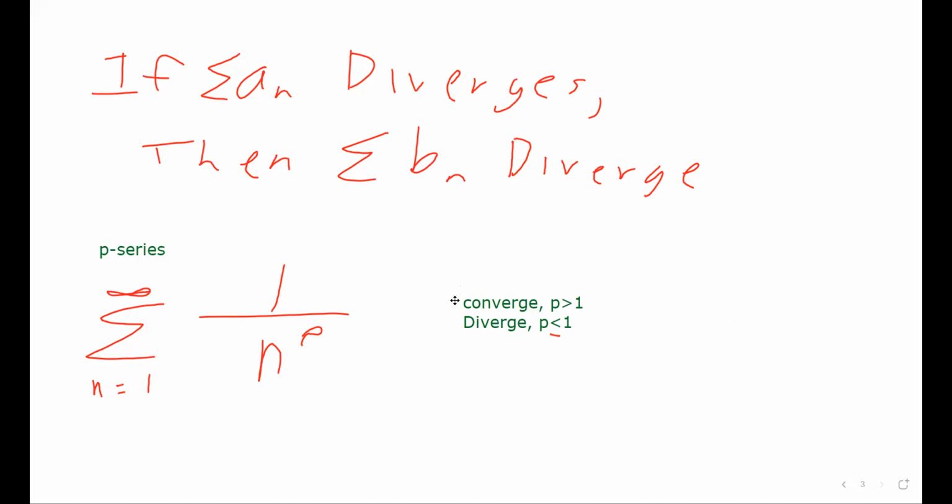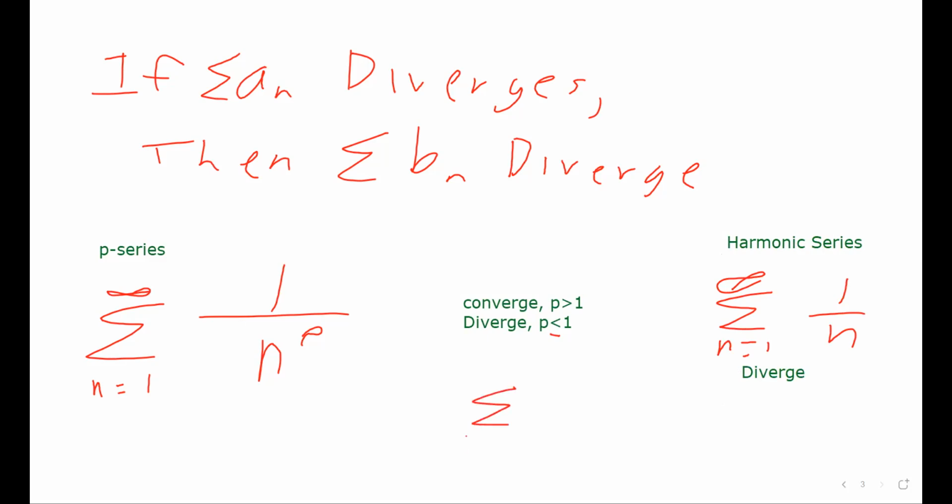And so one of the common ones here was a summation from n equaling 1 to infinity of 1 over n, which was the harmonic series. In this one, since it's a p-series where p equals 1, it will diverge. One of the other common ones was a summation of n equals 1 to infinity of 1 over n squared.